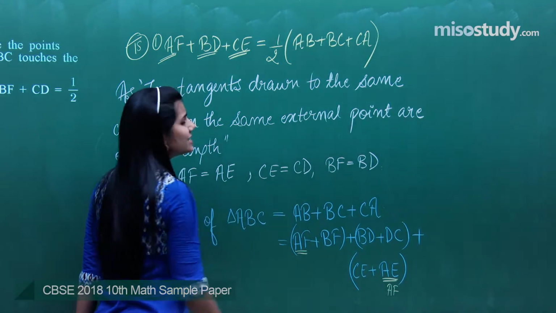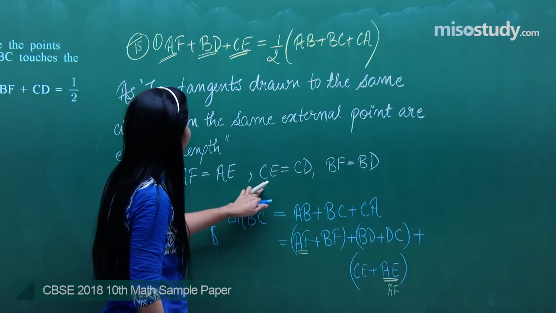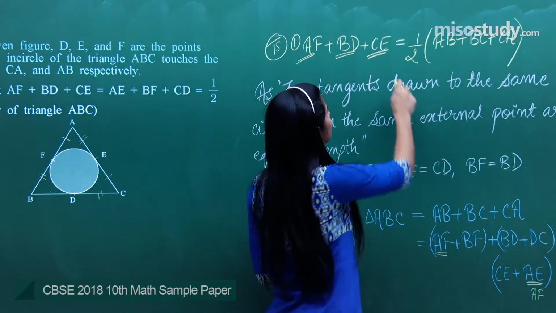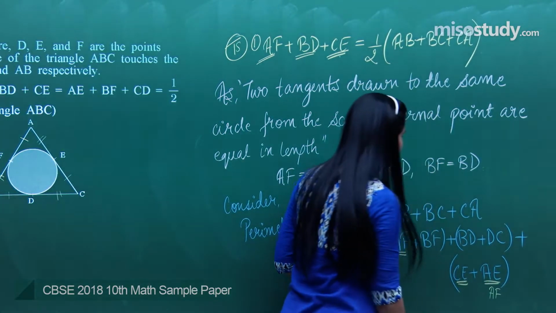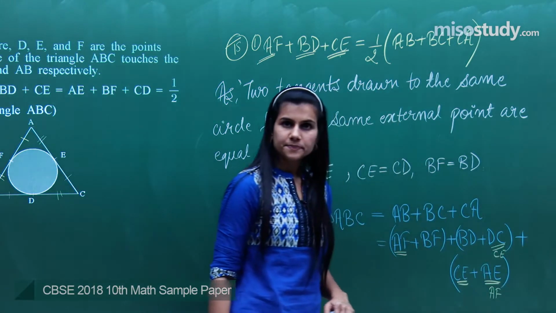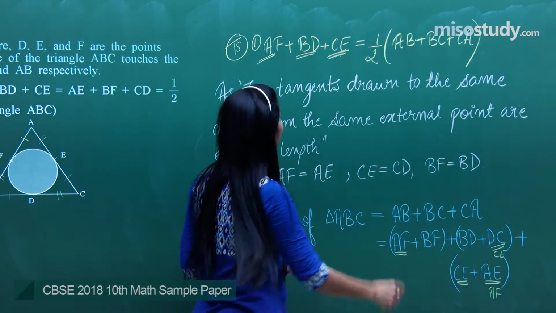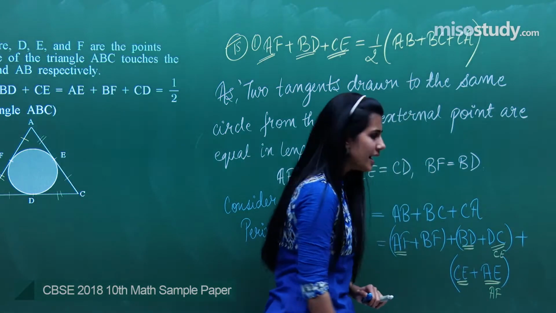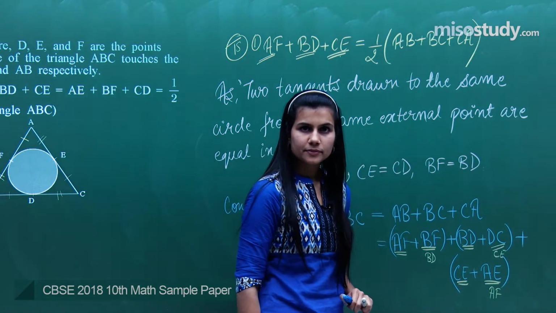Then I know CE is equal to CD, and I want CE to stay, therefore I am going to keep CE as it is, and CD will be replaced by CE. Further, BF is equal to BD, and I want BD to stay, so I am going to keep BD as it is, and BF will be replaced by BD.